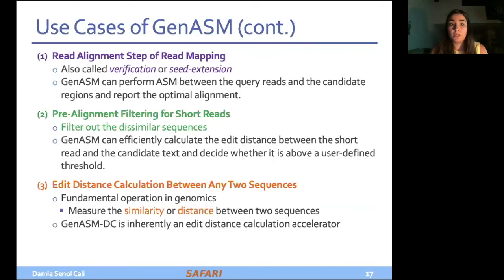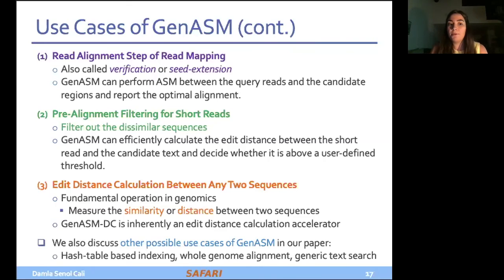On top of these, there is also a fundamental operation in genomics, which is edit distance calculation between any two sequences in order to measure the similarity or distance between them. Since GenASM-DC is inherently an edit distance calculation accelerator, this is our third use case. And in our paper, we also discuss other possible use cases of GenASM, including generic text search.